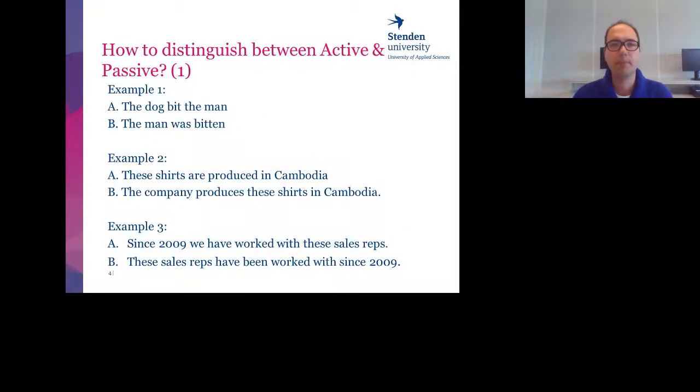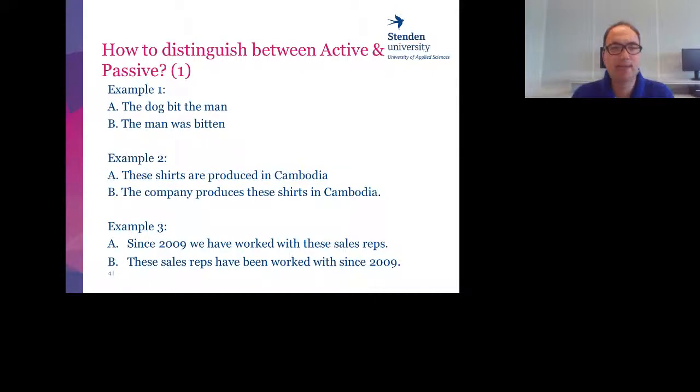So a few examples, once more, to explain the difference between active and passive sentences. A is the dog bit the man. The second one is the man was bitten. The first sentence, sentence A, is active because the dog actively put its teeth in the man's arm, legs, butt, wherever.